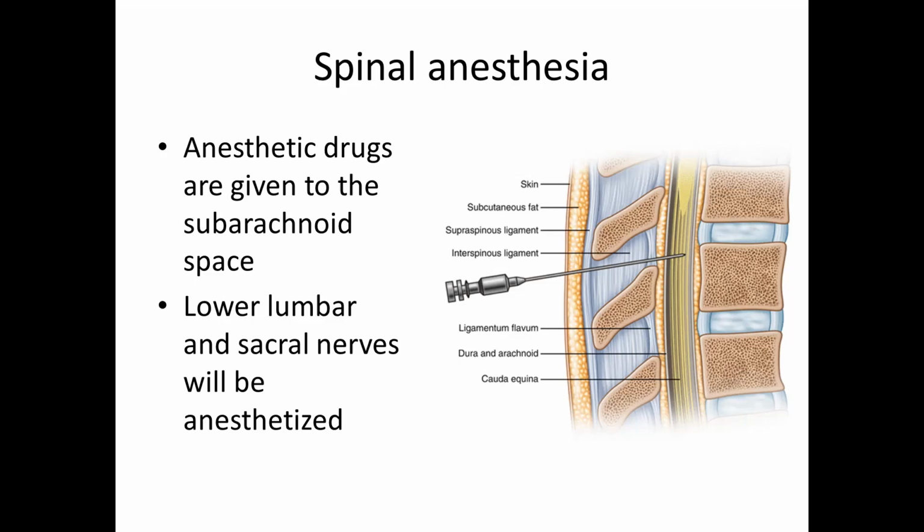However, spinal anesthesia, at that point you give the drug and withdraw the needle, right? And that will last a few hours, and the patient will be completely anesthetized below that point. So this again can be used for different surgeries of the pelvis and perineal areas.